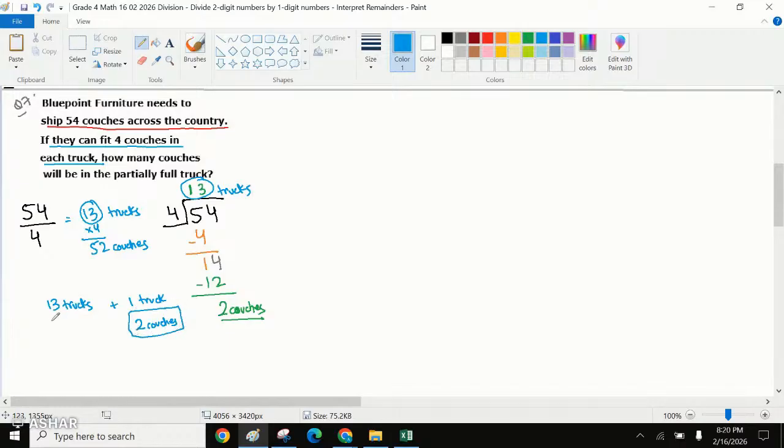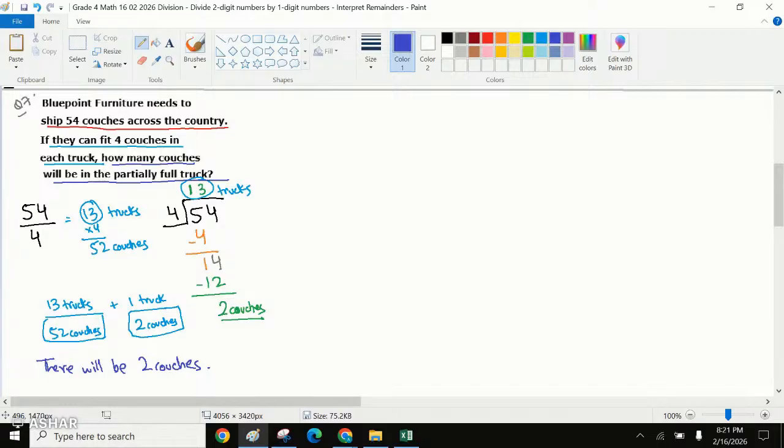Agreed? So their question was, how many couches will be in the partial? There will be 2 couches in the partially filled truck. Perfect. Thank you, Semi.